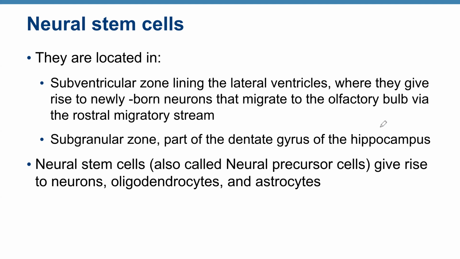Neural stem cells, also called neural precursor cells, give rise only to neurons, oligodendrocytes, and astrocytes, and those are all cells of nervous tissue. So neural stem cells cannot give rise to your bones or muscles. Again, they are multipotent.